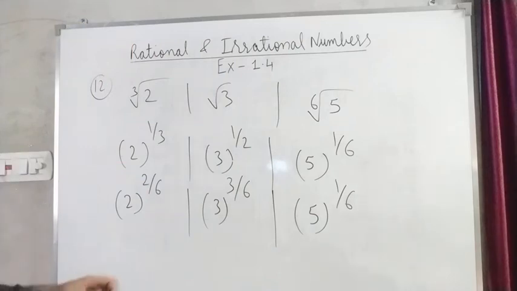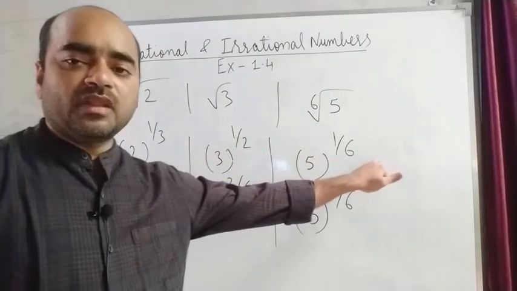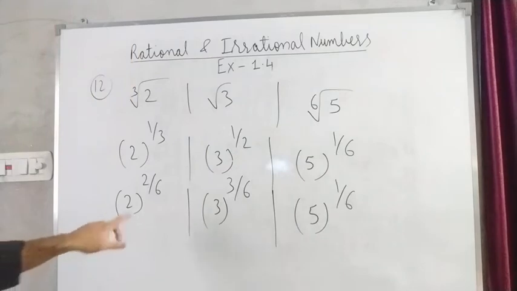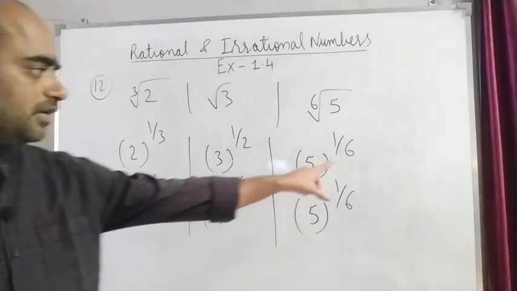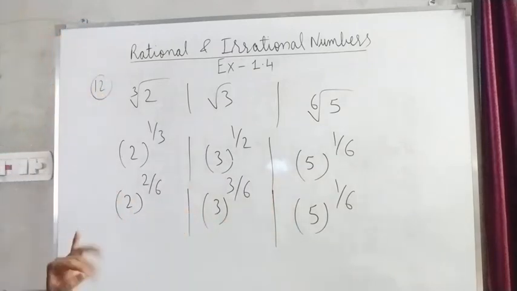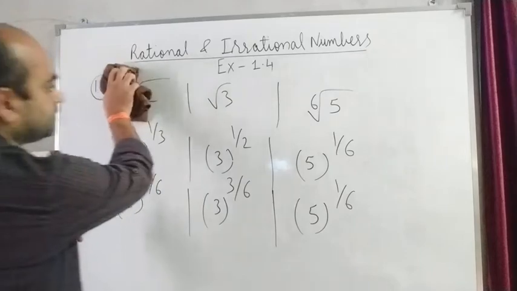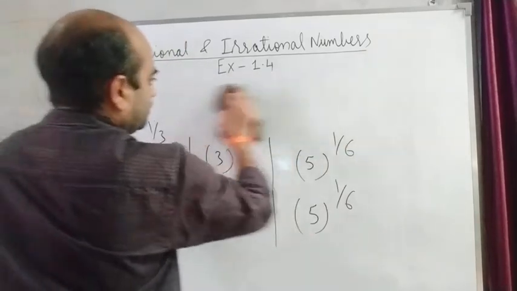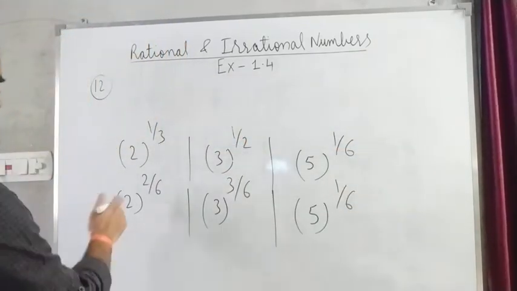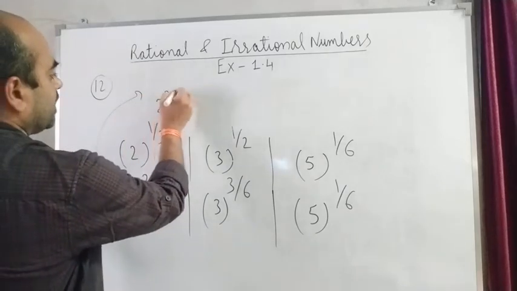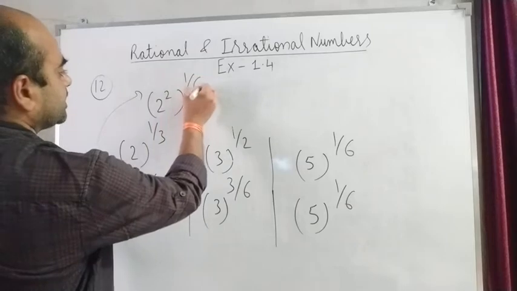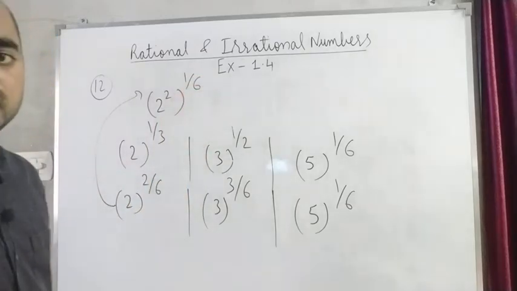What is the procedure? First we have to take the LCM. We have taken the LCM. Then we have to equate the index, that is the denominator, 1 by 6 everywhere. Now we can take a square inside and 1 by 6 outside, like this, correct?